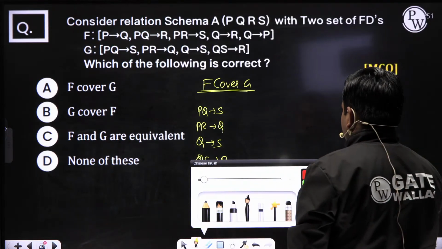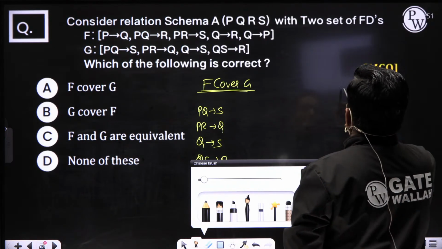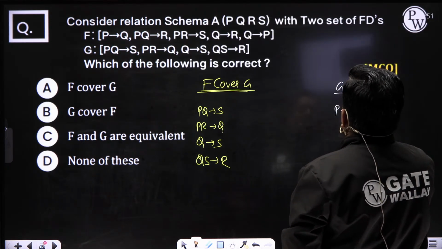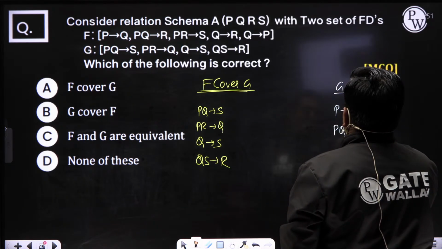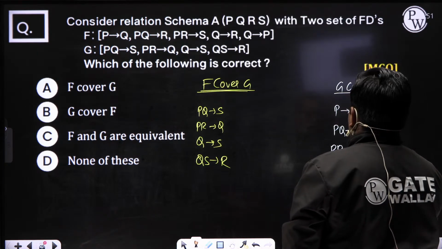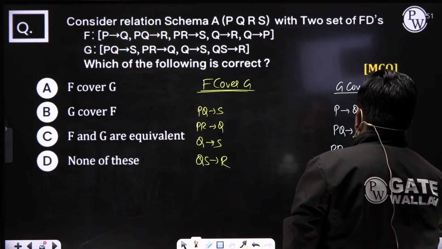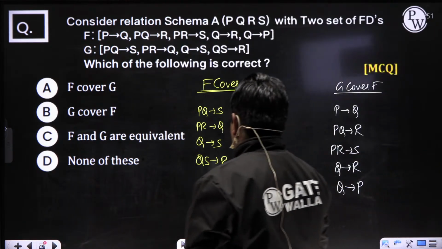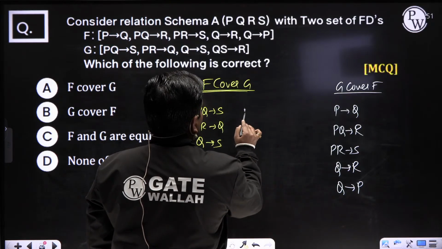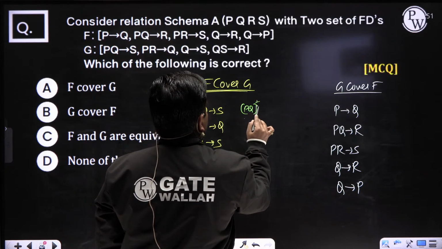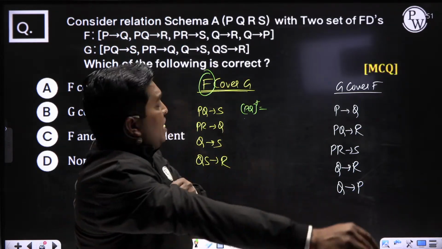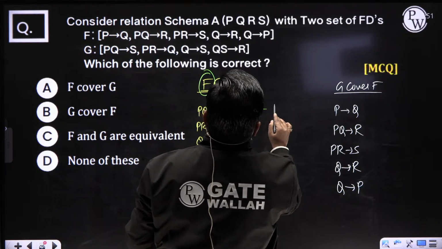And whenever we are talking about G covers F, we write down the F FDs: P tends to Q, PQ tends to R, PR tends to S, Q tends to R, and Q tends to P. Now first of all, please check it. You take the closure of PQ in the F FD set. So when you take the closure of PQ, what are you getting?